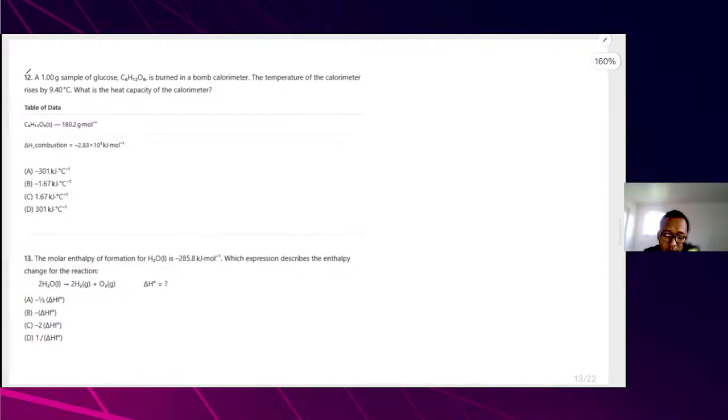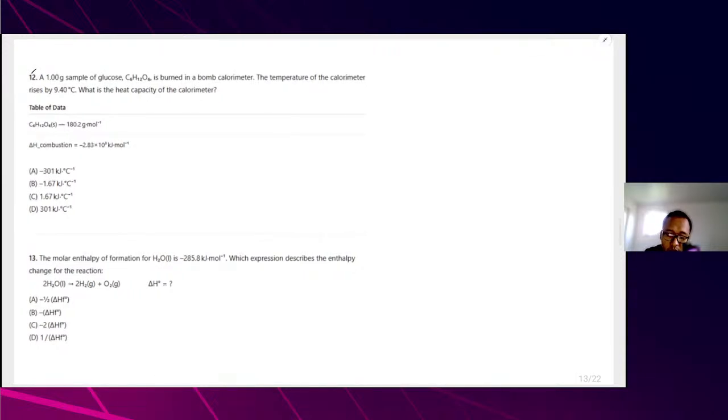Okay, now we are going to number 12. 1 gram sample of glucose is burned in a calorimeter. The temperature of the calorimeter rises by 9.40. What is the heat capacity?